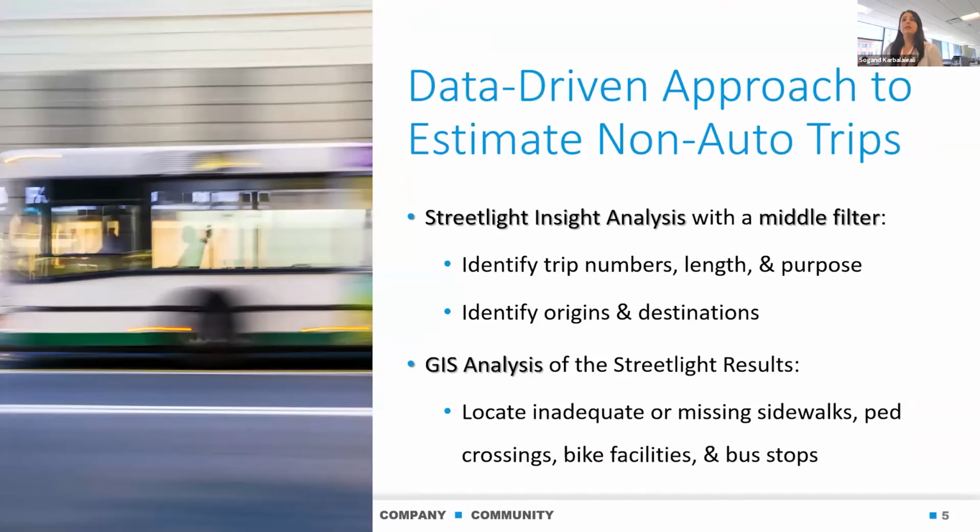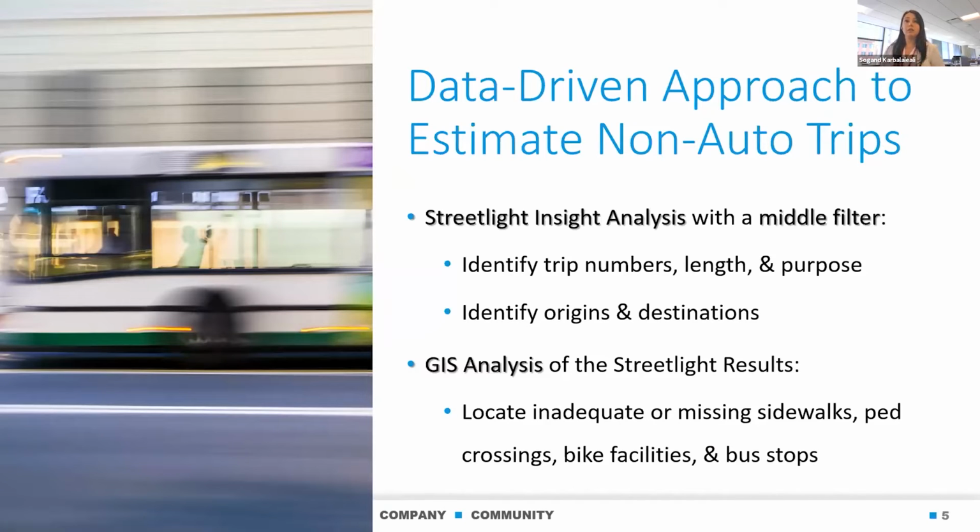Why are we doing this data-driven approach? As I said, there is not much data. And what we can do is leverage a StreetLight InSight analysis with a middle filter. For those who are not familiar, rather than looking at trips that go from A to B, you can set trips that go from A, passing through C, and getting to B. This is the whole idea of the middle filter.